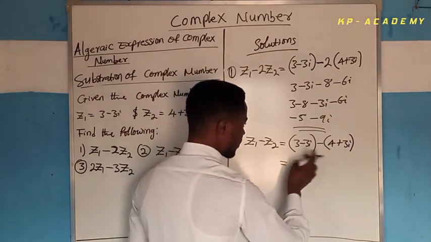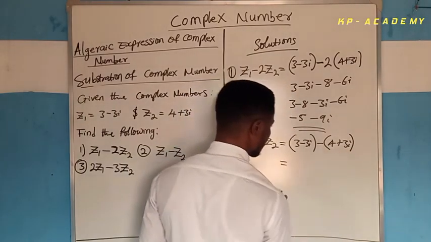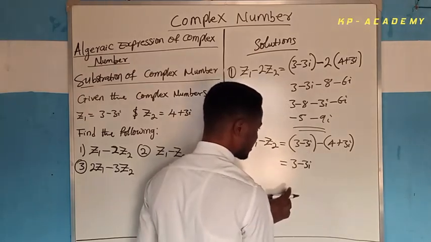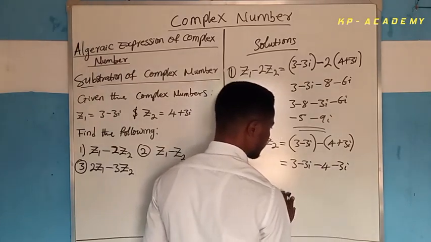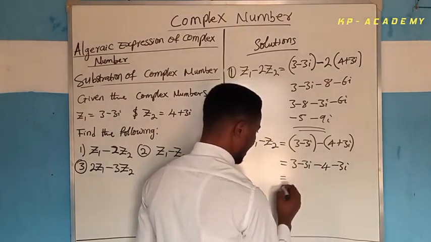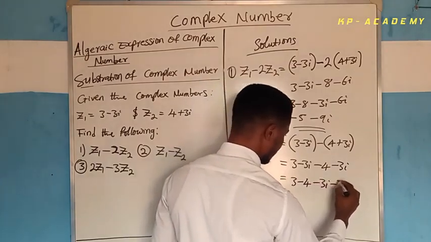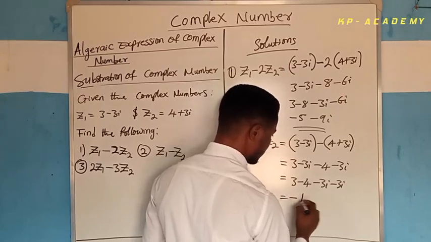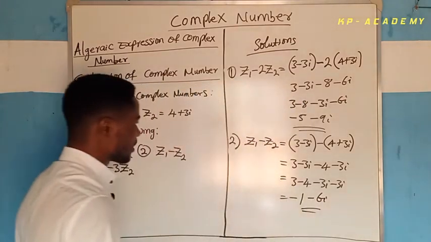Now at this part, I'm going to use this minus sign here to open out this bracket, so that I will have 3 minus 3i, now minus 4 minus 3i. Next, I'm going to collect like terms, which is 3 minus 4 and minus 3i minus 3i. Evaluating, I have minus 1 minus 6i. And that's my answer for number two.